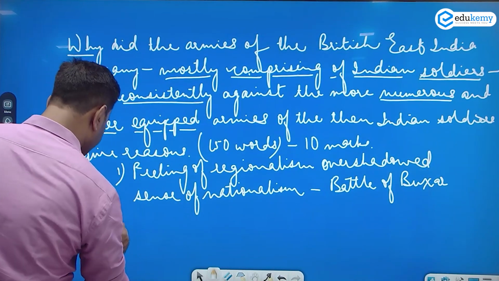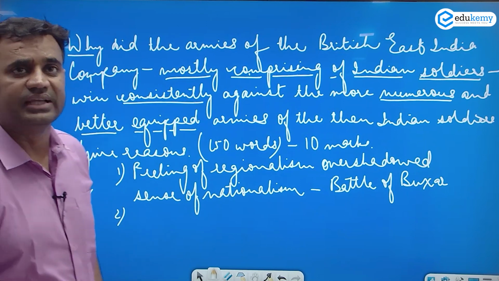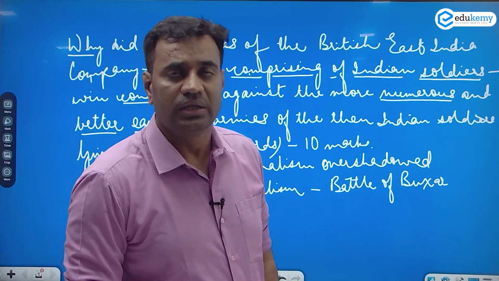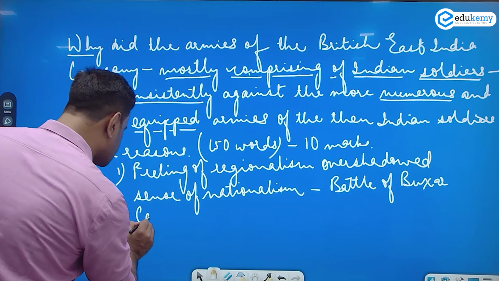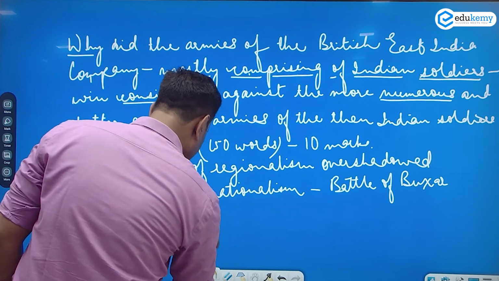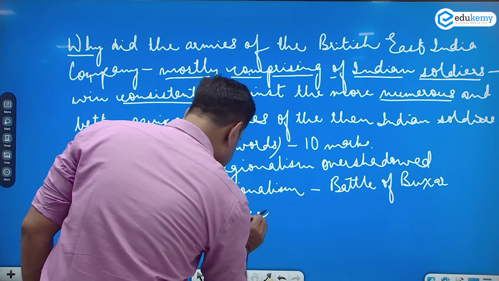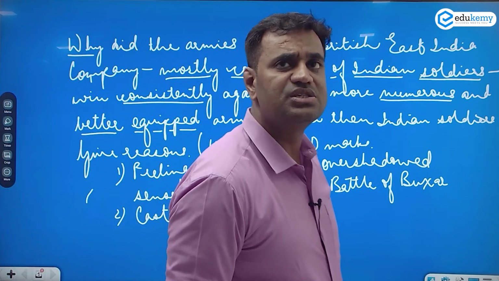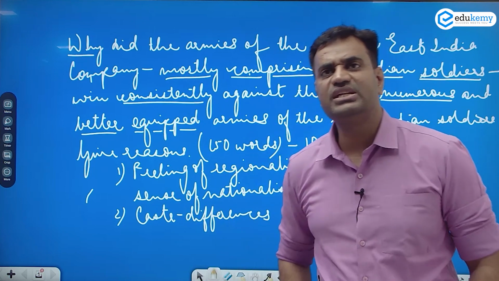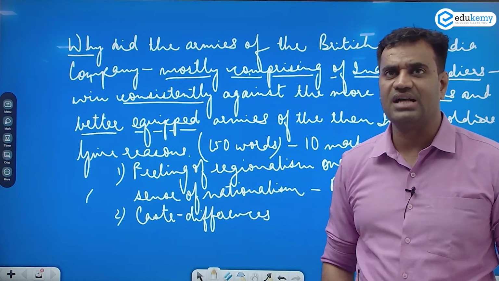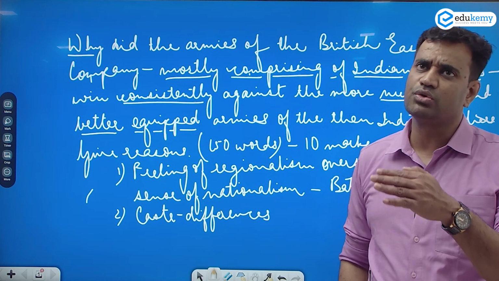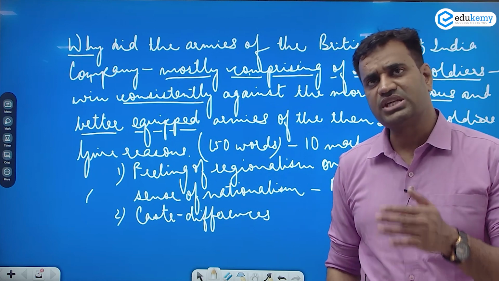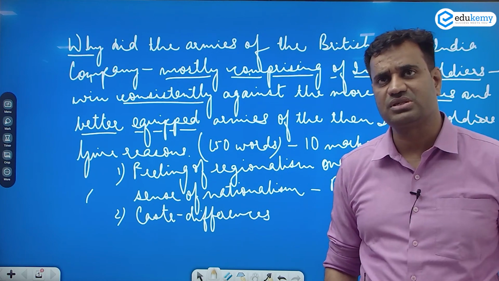The second major factor that led to the defeat of Indian powers was caste differences that existed among Indians. Indians by this time were largely divided along caste lines. This was not only true for Hindu society, it was equally true for Muslim society as well.